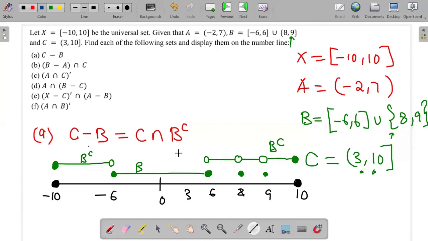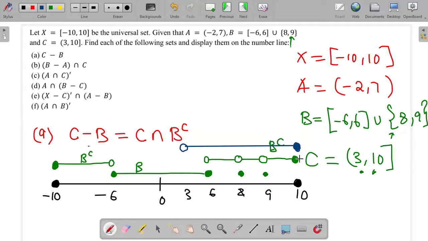So from 3, which is here, you can see that on 3 there's a curved bracket, and then on 10 there's the closed one. So I'll just write a line first of all between the 3 and 10 like that. And then on 3 I'll put an open circle, and on the 10 I'll put a shaded one like that.